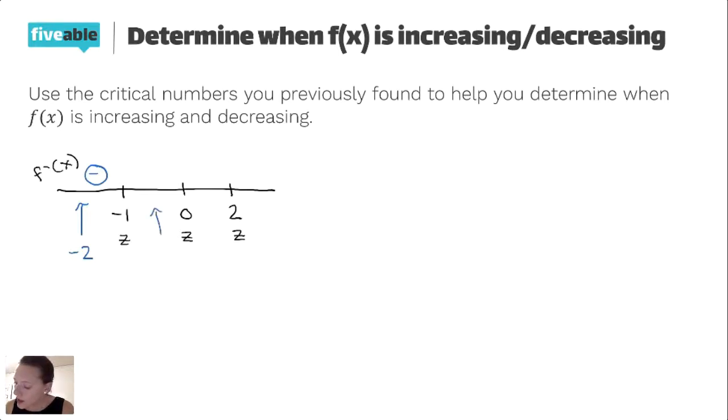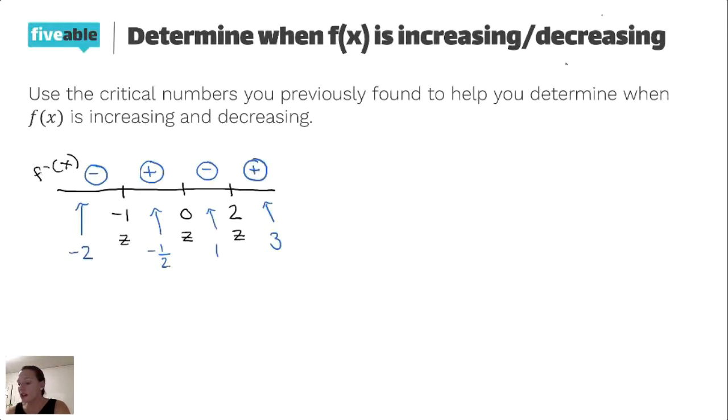When I plugged in -1/2, which was in the interval between -1 and 0, I found out that my derivative was positive. In my next interval, I plugged in 1, and I found out that f prime of x was negative. And then in the interval from 2 to infinity, I plugged in 3, and I found out that my derivative was positive.